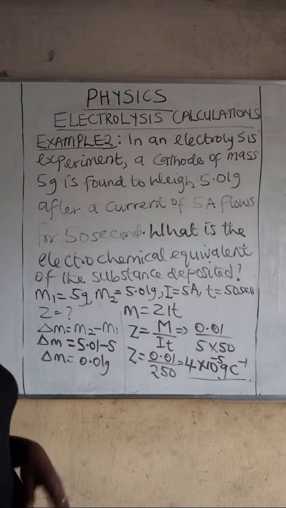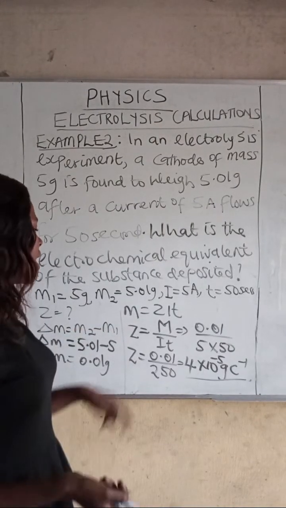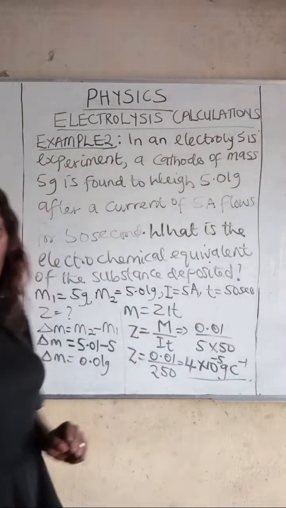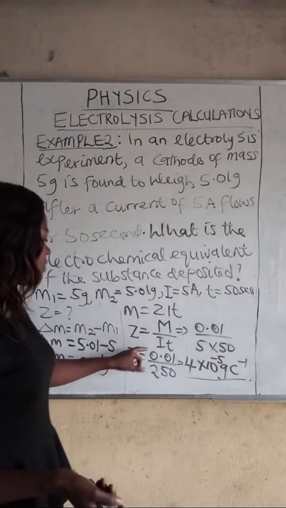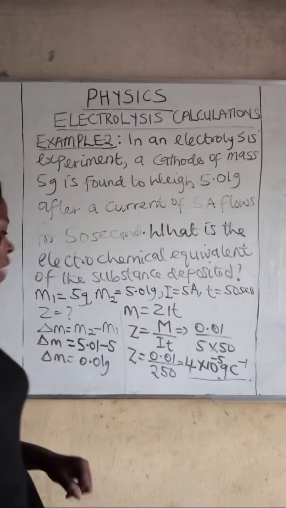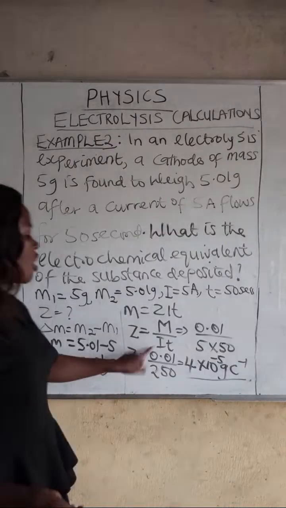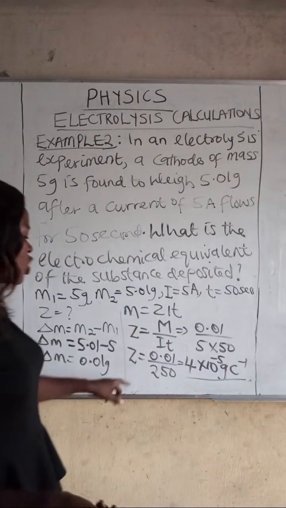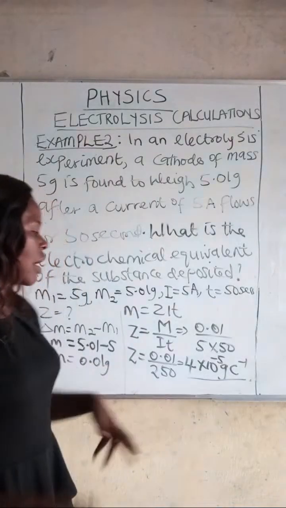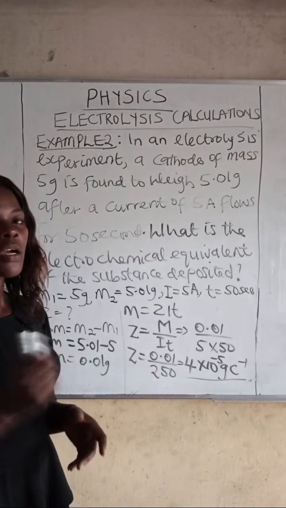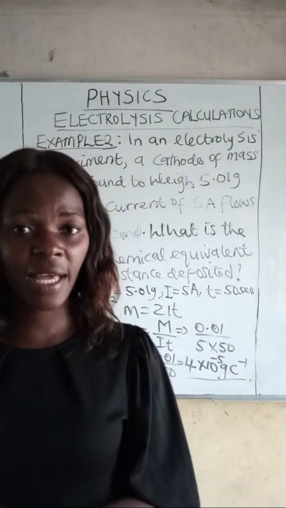Then from Faraday's law, the mass is equal to ZIT, and I'm looking for Z. So I divide both sides by current and time and substitute in my values. My mass is 0.01, divided by 250, and my answer is 4 times 10 raised to the minus 5 grams per coulomb. I don't know if you understand this particular example.